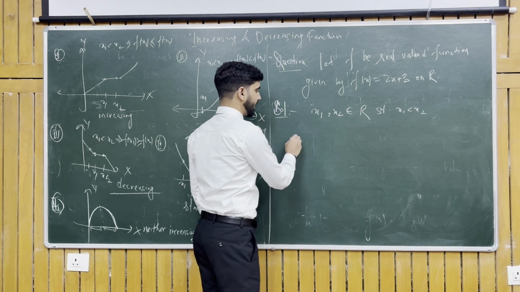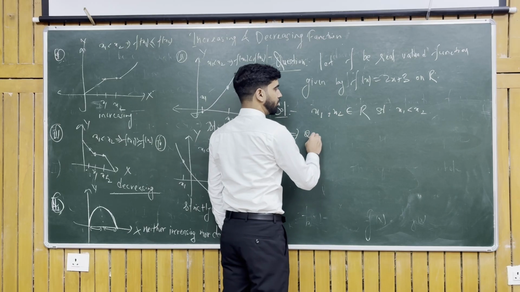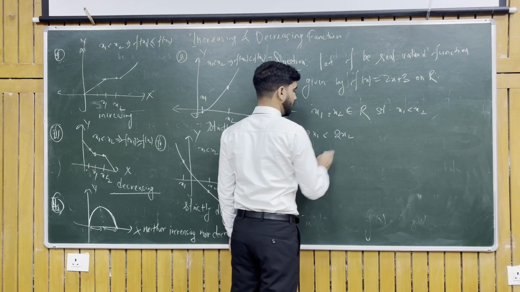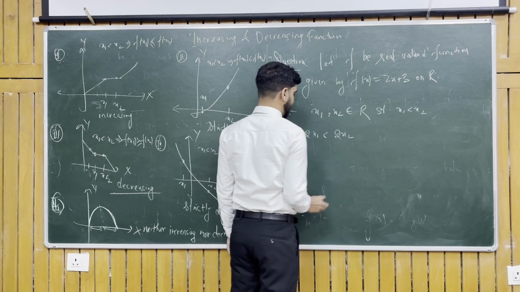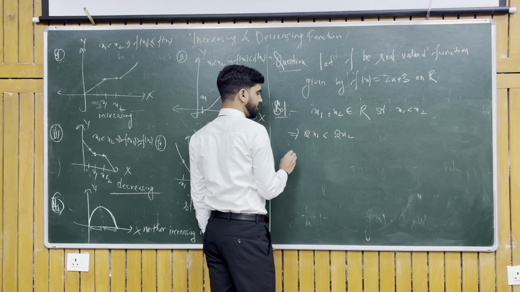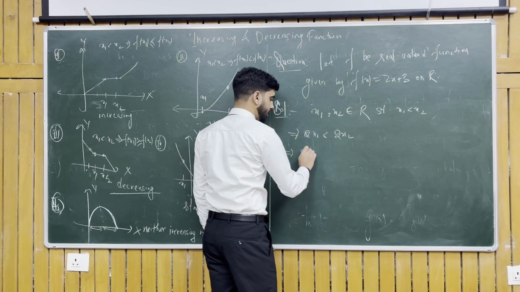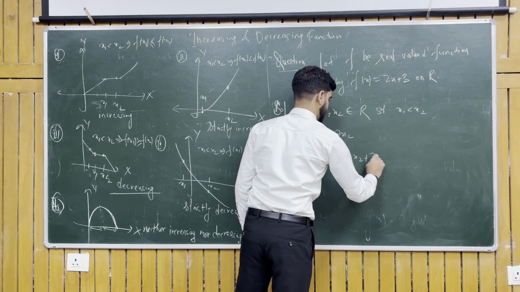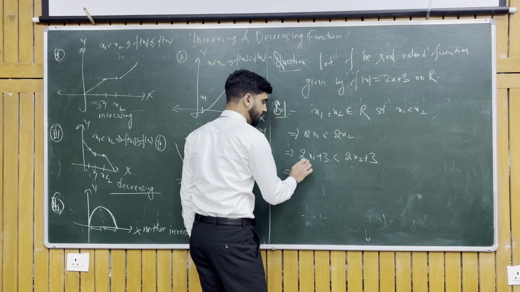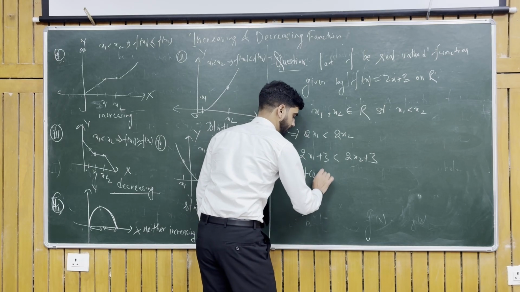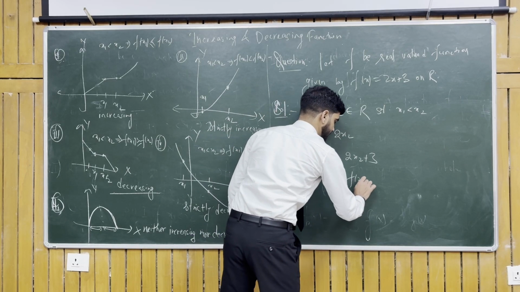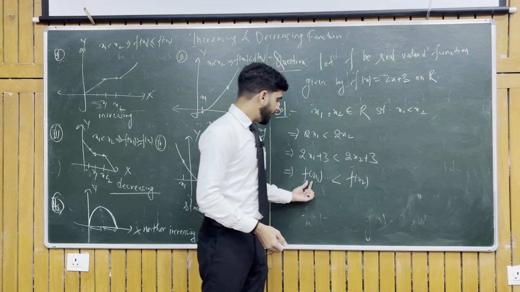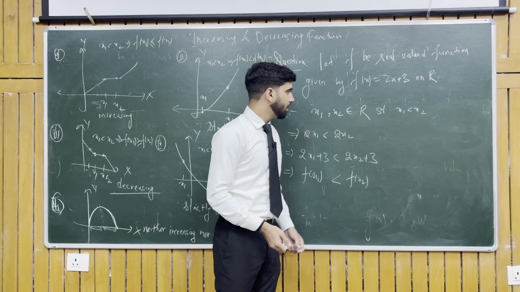From here we can say that 2x1 is less than 2x2, because if we multiply both sides of the inequality by a positive number, the inequality remains the same. And from here we can say that 2x1 plus 3 is less than 2x2 plus 3. This is the definition of the function at the point x1, and this is the definition of the function at x2. So we can see that f at x1 is less than f at x2.